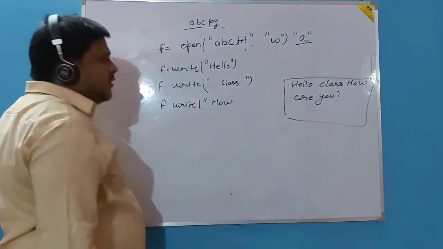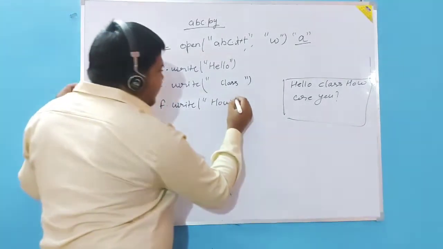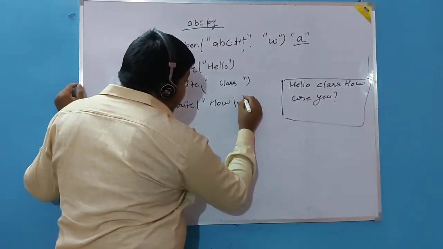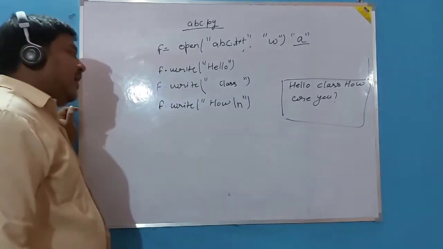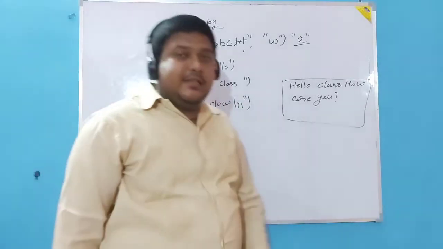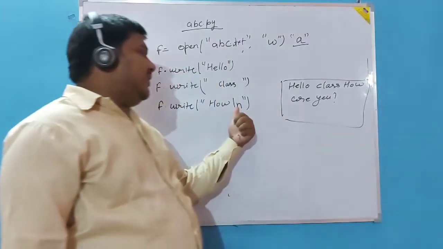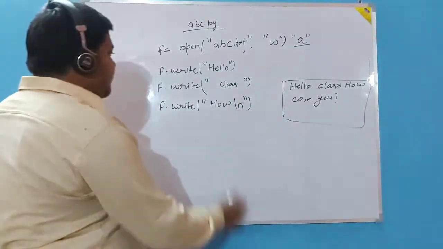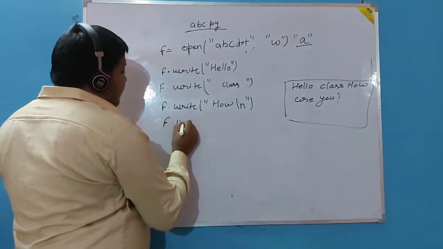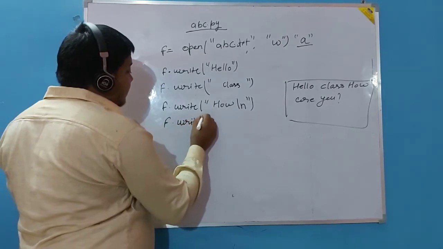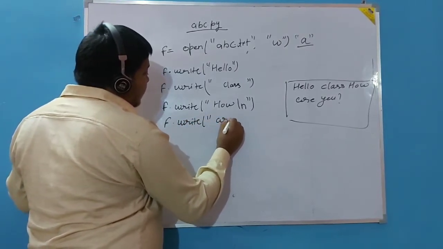After that you have to change the line. So to change the line we have to use the slash n. Keep in your mind the write function will not change the line until you give the slash n. And then again you have to write f.write you.